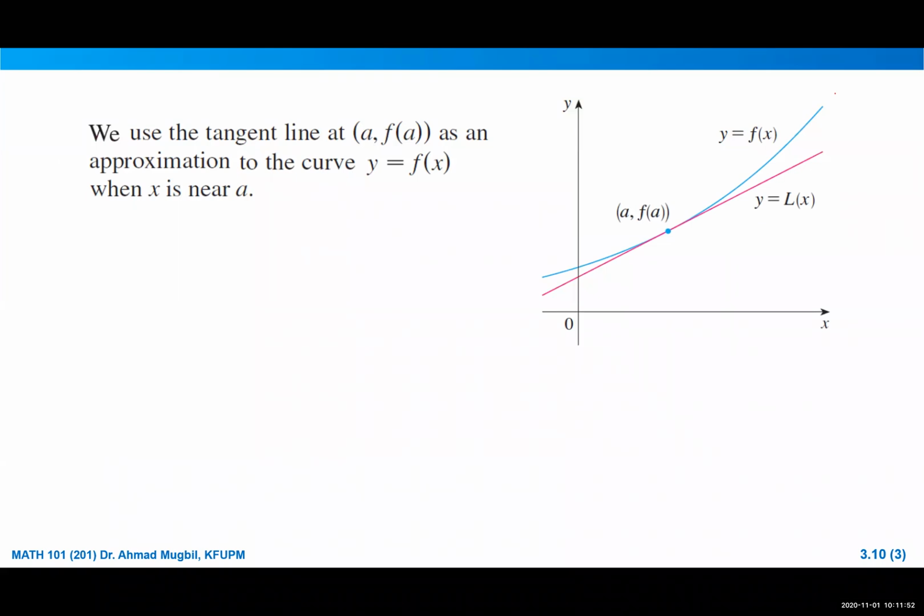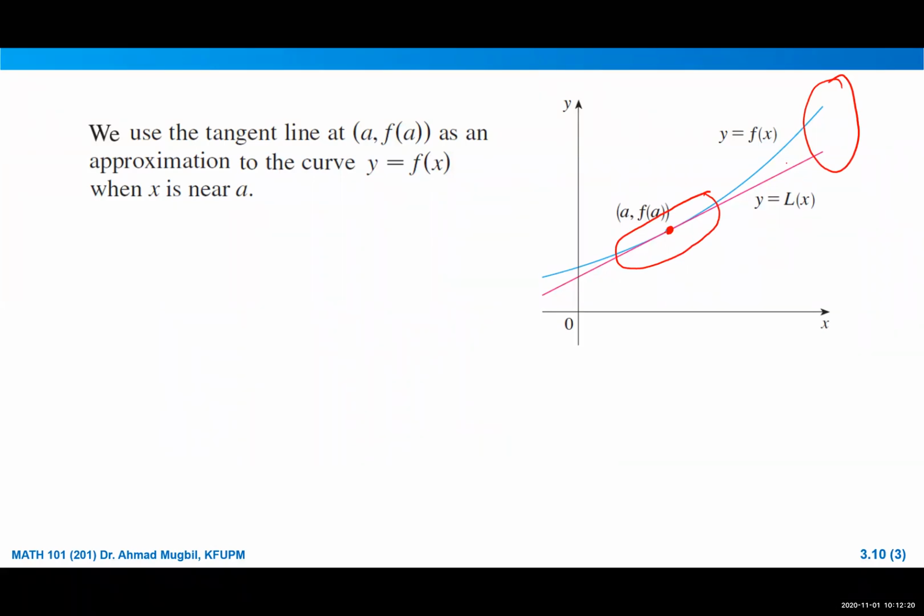Here we have a general function. Let's say this is a function f of x. This is the tangent line to this curve at this point A. What you can notice is that when we are very close to the tangency point, the two graphs are almost the same. Here they are different from each other, but when we are close here, the values are almost the same.